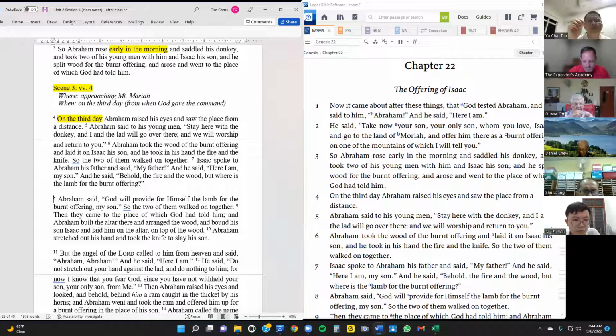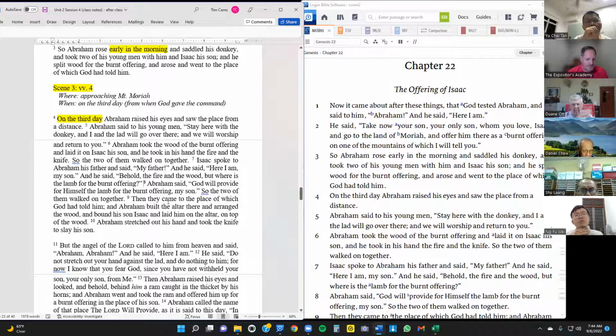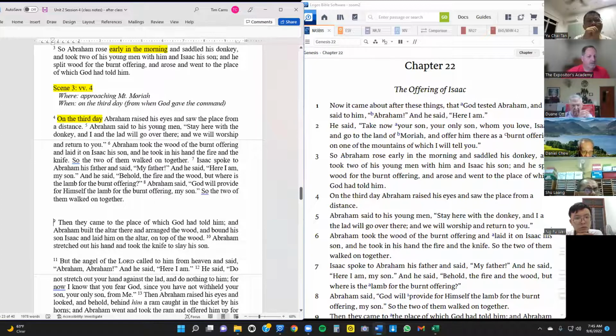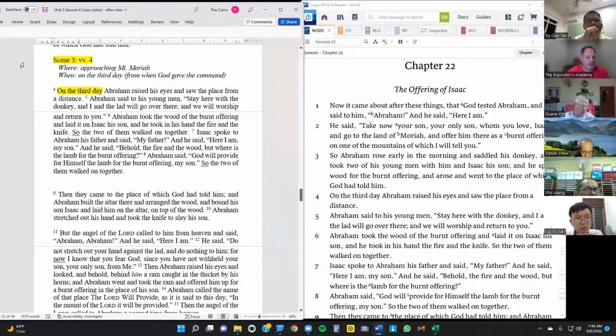Why? What has changed here? Or I guess, sorry, is it verse 8 or through verse 8? Yeah, the end of verse 8. I'm sorry. Okay, so verse 9. What has changed here in the setting?